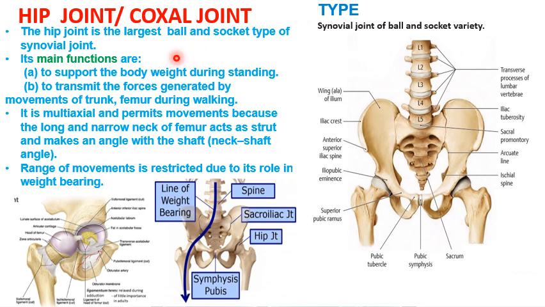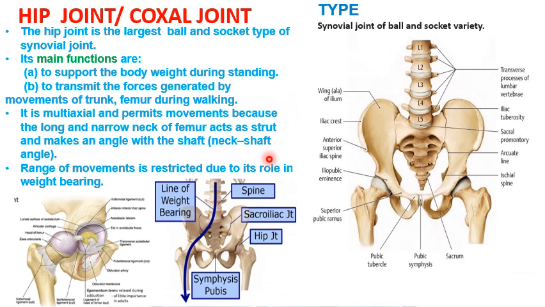Now, what are the main functions of the joint? The most important is supporting the body weight during standing, and it also transmits the forces generated by the movement of the trunk, that is walking, running, jumping and all that.